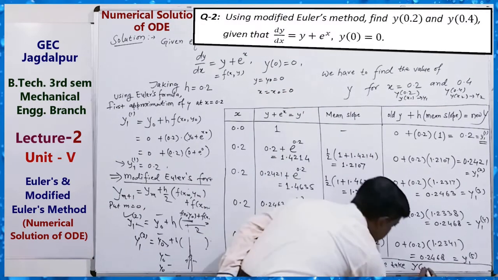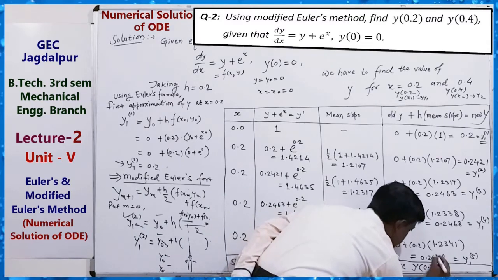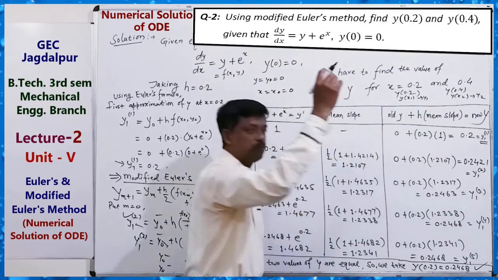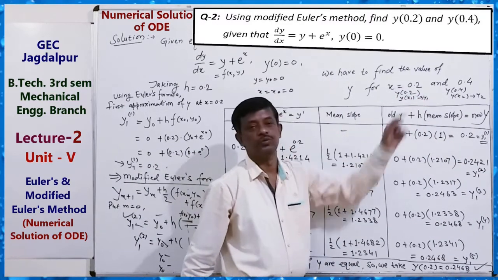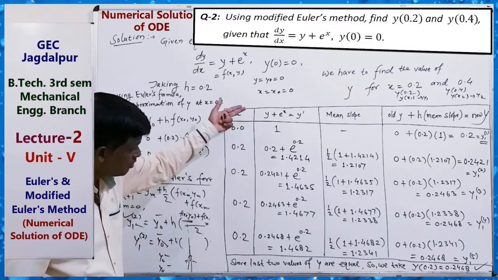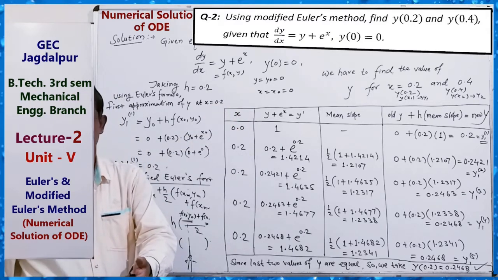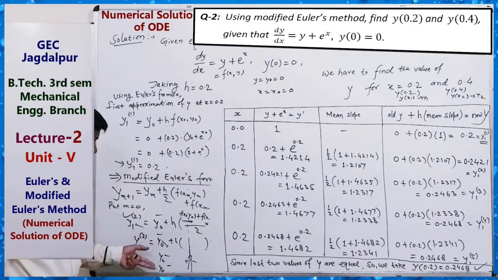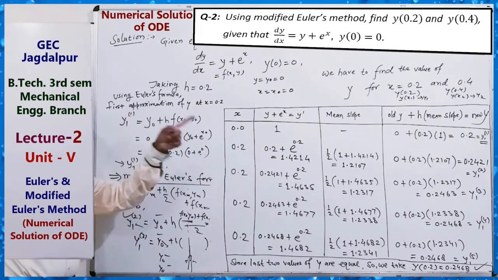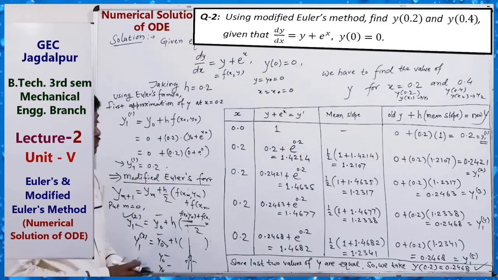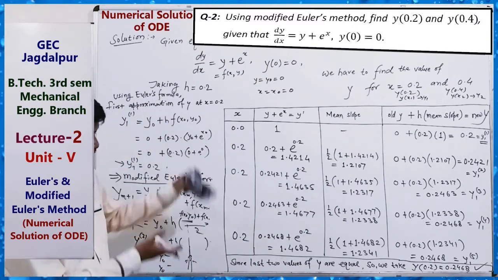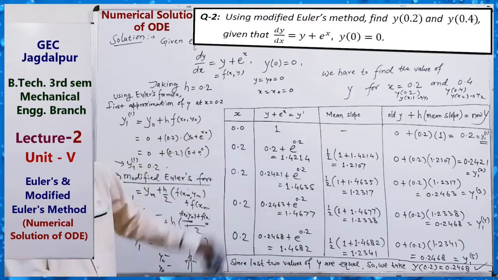So y at 0.2 is equal to this value, 0.2468. This is our first approximation, y at 0.2. Okay. In a single interval, we have to approximate the value of y1 by using the modified formula from the second approximation. The first approximation we will get from Euler's formula.